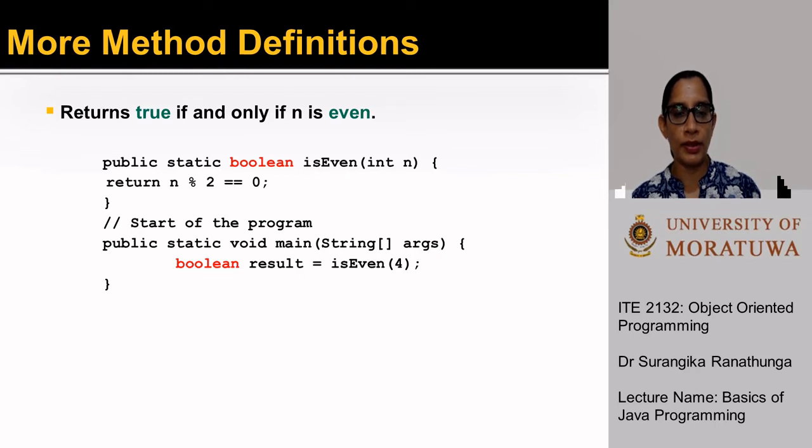When a method is used inside another method, we say the method is being called. In other words, we can say isEven method is called by the main method. So since the isEven method returns a boolean value, we can capture that value inside the main method by using this boolean variable.